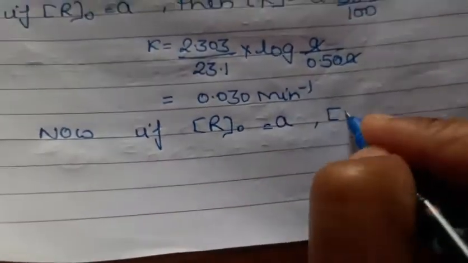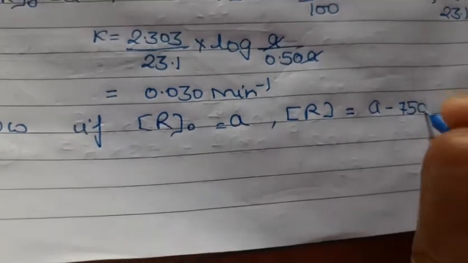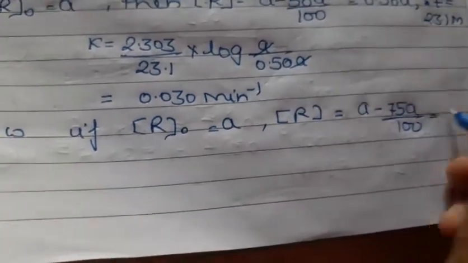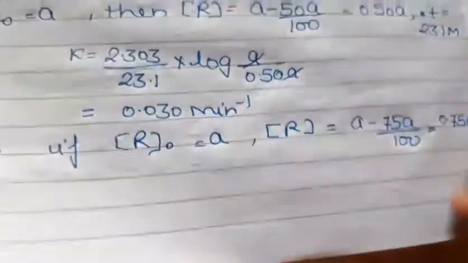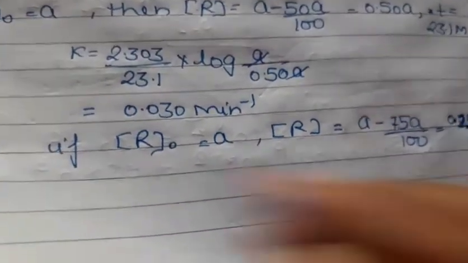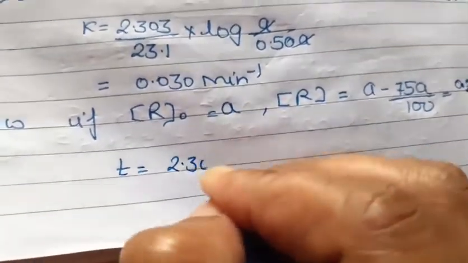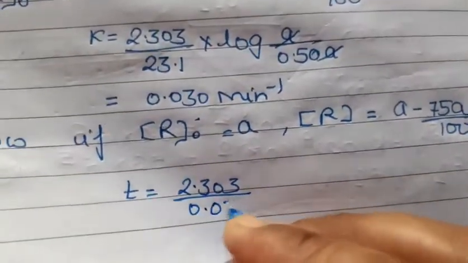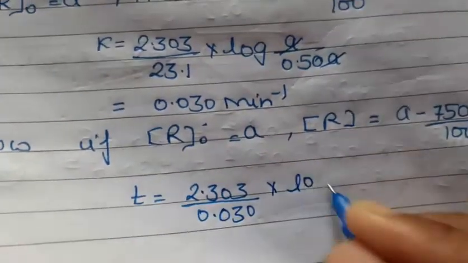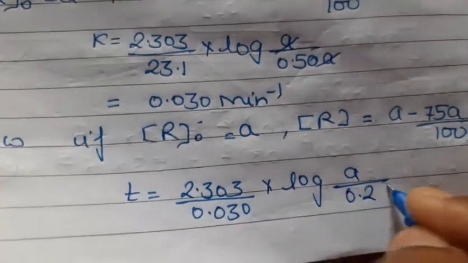Okay students, now in the second condition, R naught equals a and R equals a minus 75% of a. It becomes 0.75a, sorry, 0.25a. So we have to find the time. T equals 2.303 upon k, which we just calculated as 0.030, into log a upon 0.25a.